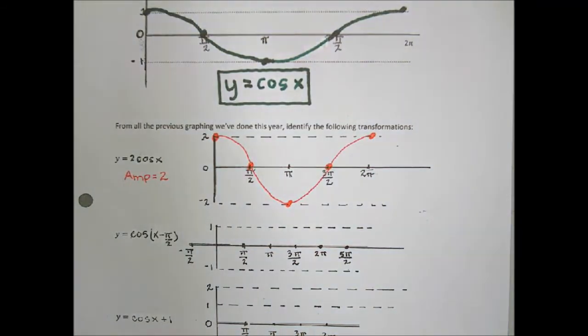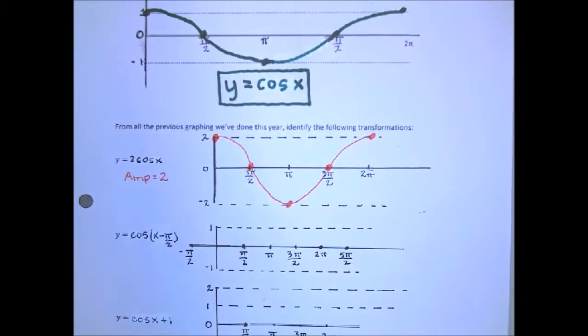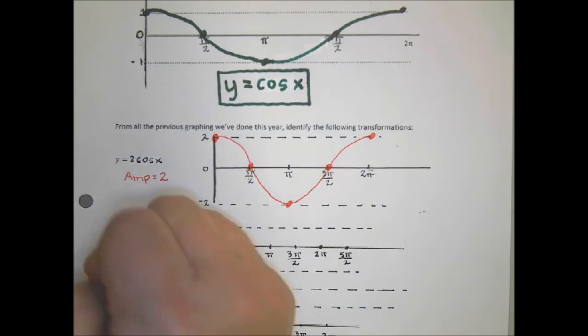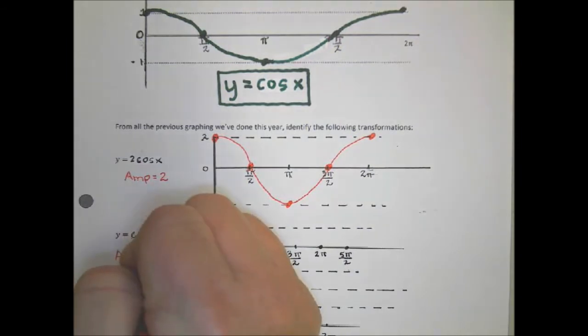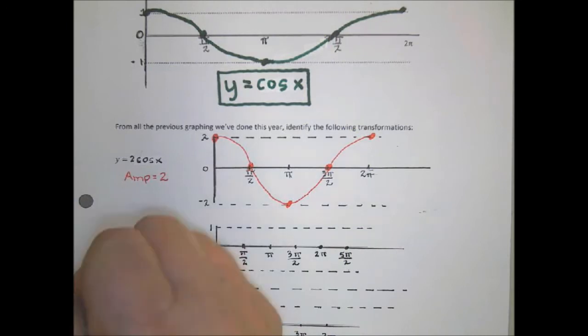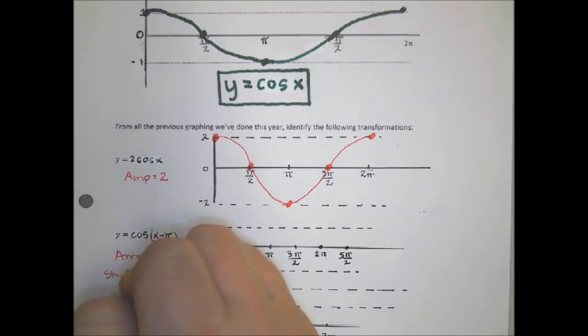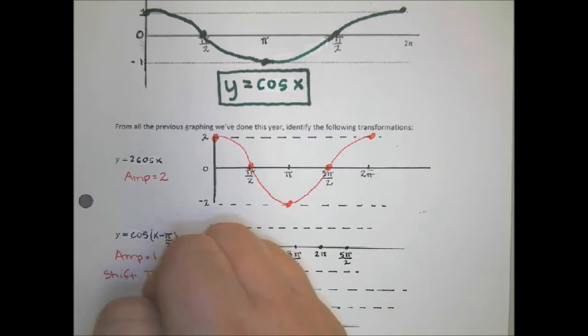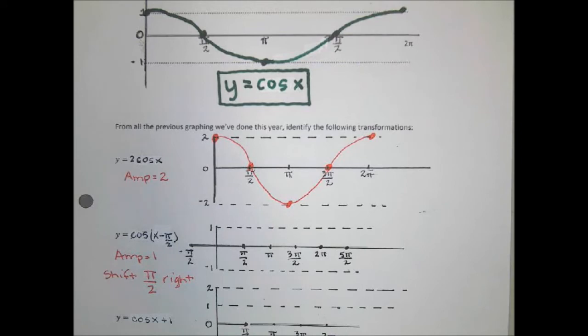Now, what about the next one? y equals cosine of x minus pi over 2. We're back to amplitude 1, but there is a shift, and the shift is pi over 2 to the right. So what that means is my x-axis needs to change a little bit. I'm still going to use 1 and negative 1 as my max and my min, but it doesn't start right here on the y-axis anymore.